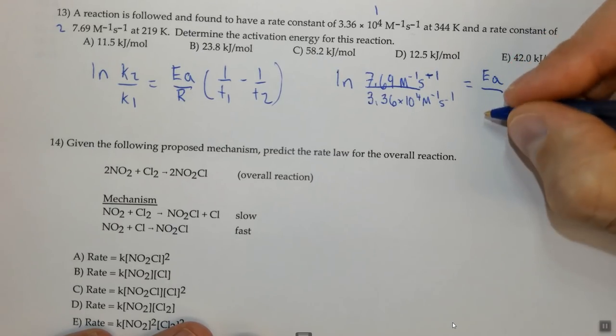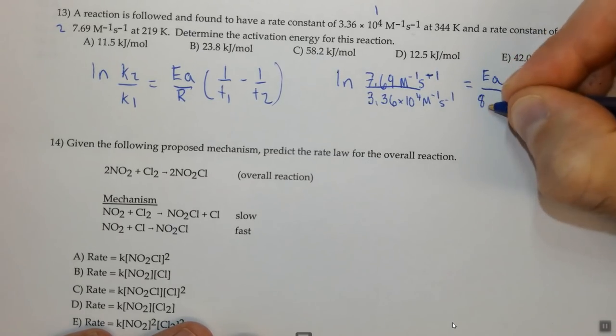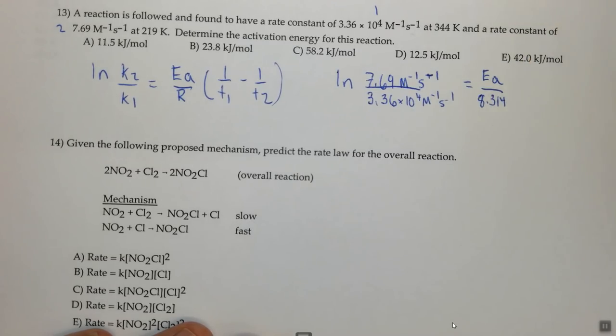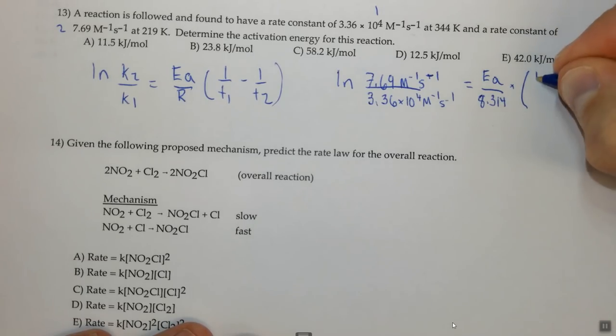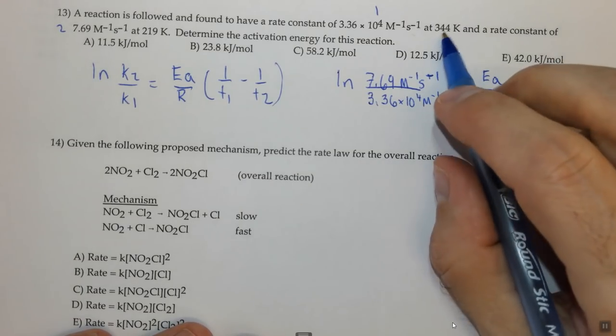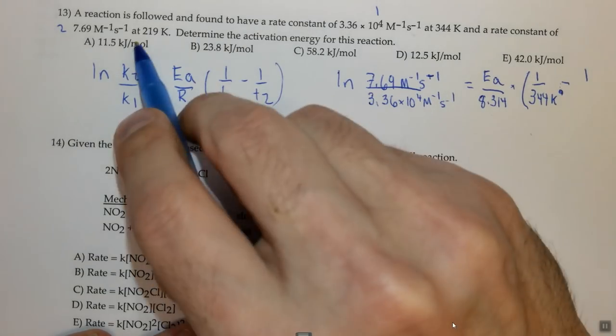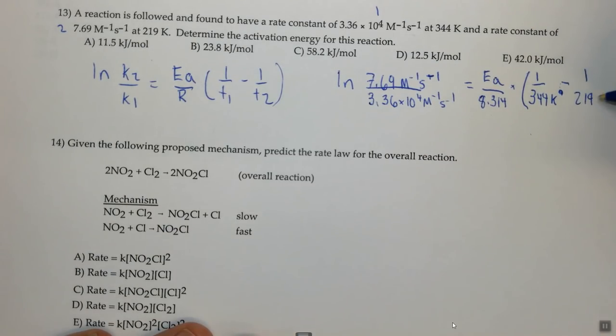R is 8.314 joules per mole K, I'm not going to write that out, times the temperatures in Kelvin. 1 over T1, which is the 344 K, minus 1 over T2, which is the 219 K.